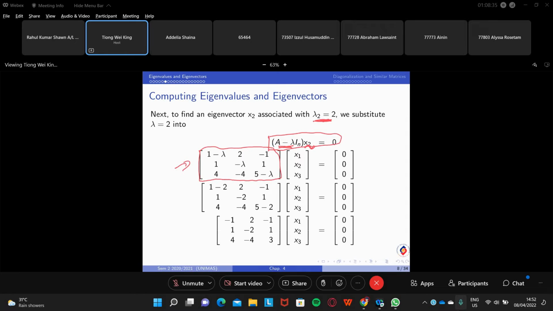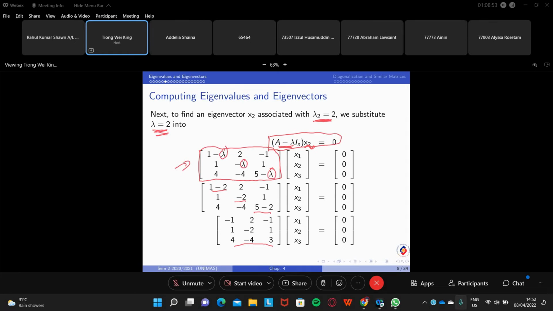This should be x bold equals to 0. Then you substitute lambda equals to 2. So you have this. Simplify again, we get this.